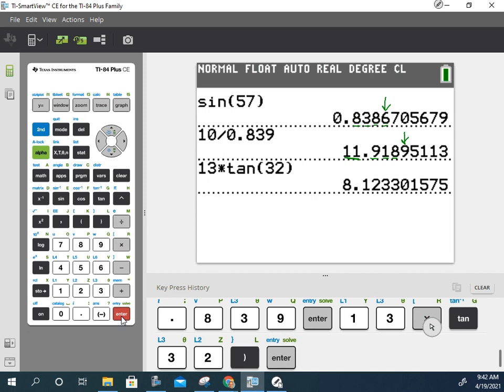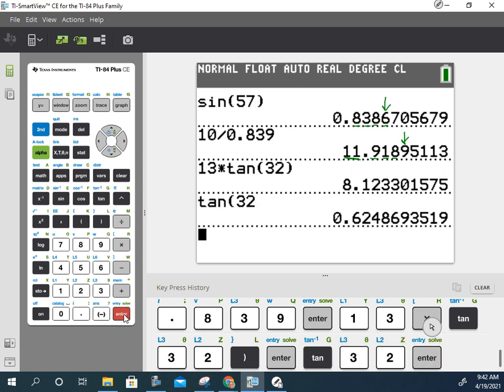You can put this in all at once and get to your answer, which would be 8.123. If you choose to do it part by part, that's okay too. Tangent of 32 is 0.6248, so 0.625.